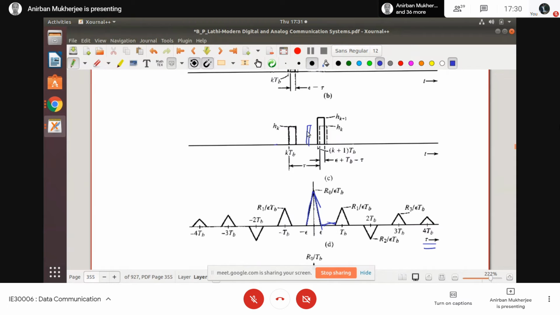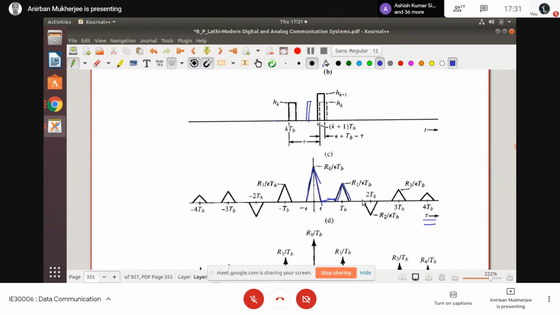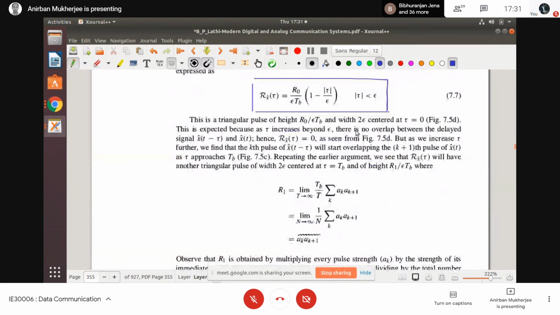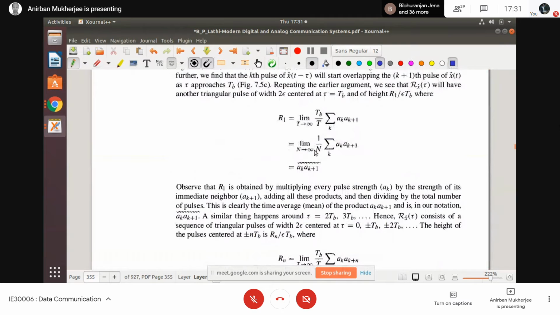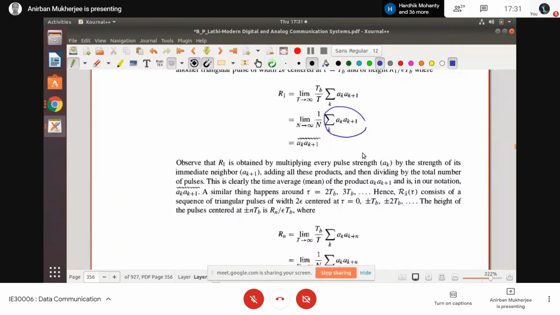After that, you overlap with hk plus 1. For that, you get some r1 by epsilon. If you do the same analysis, you will find that r1 is the limit as T tends to infinity of 1 by n ak plus 1. Previously we got limit n tends to infinity 1 by n ak square; here it is ak plus 1. In that way we get r1.